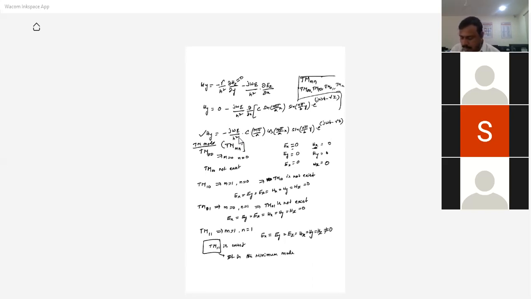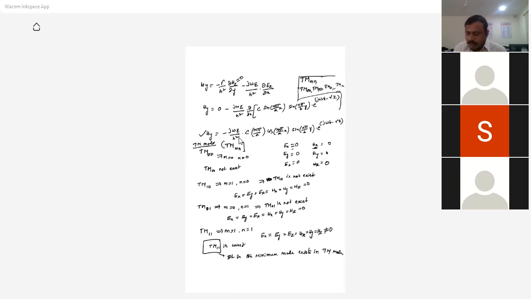So this is the minimum mode existing in the TM mode. The remaining ones, TM12, TM13, TM21, TM31, are all existing in the TM mode.